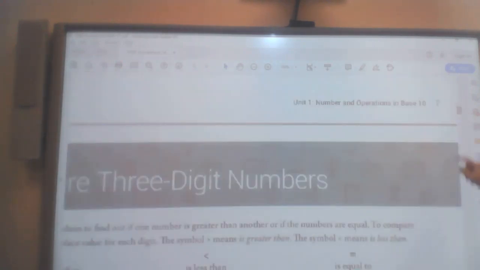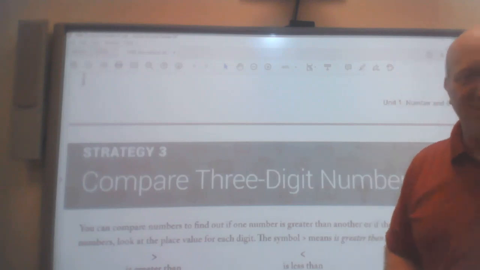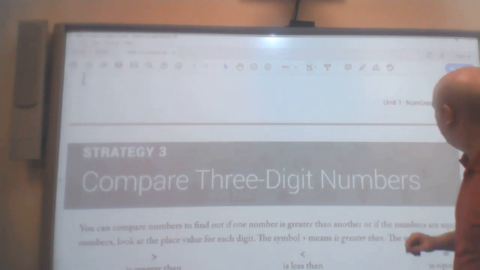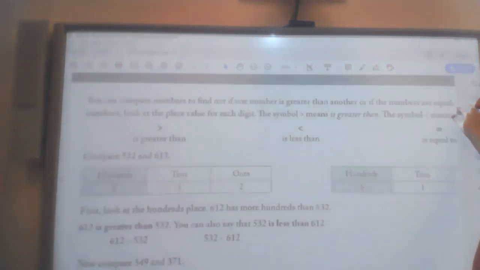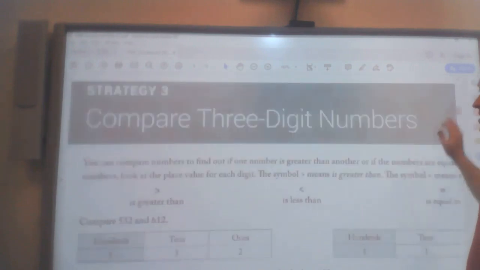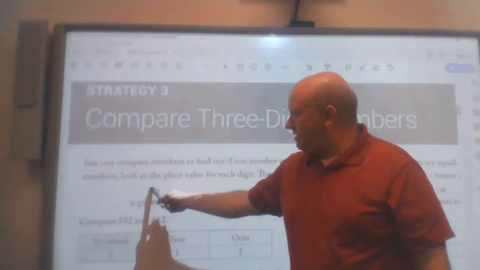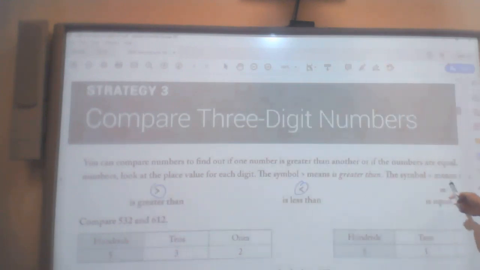Now, let's look at comparing 3-digit numbers. Oh, we're getting some good stuff now, y'all. When comparing numbers, there are 3 symbols you'll be using. The greater than sign, less than, or equal to.